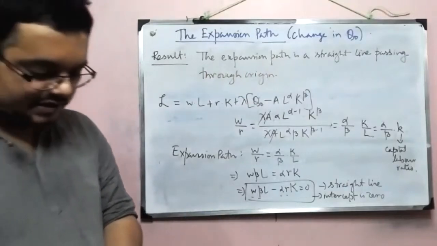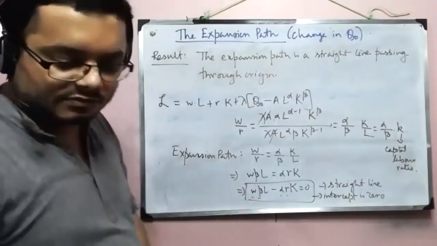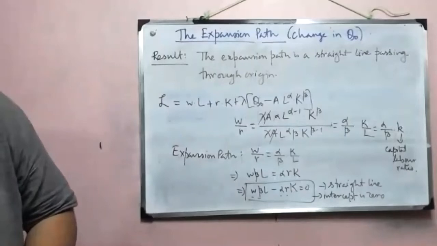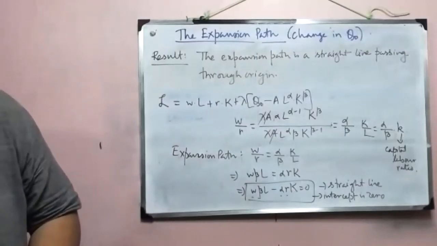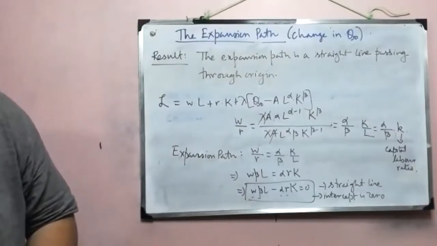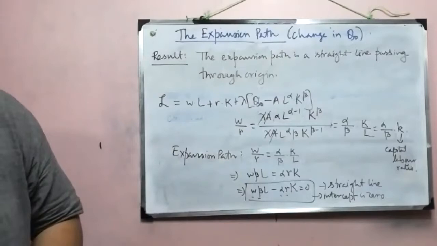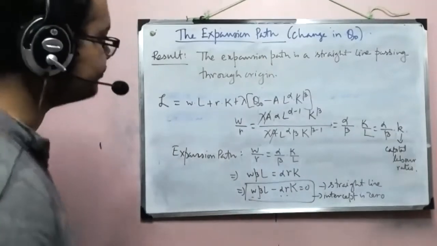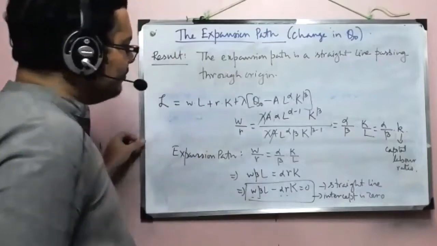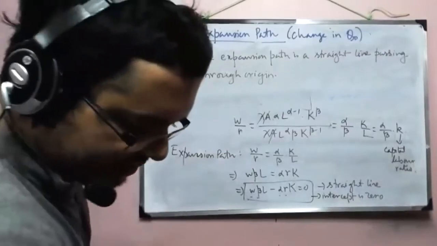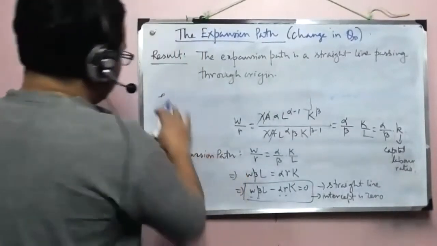What we missed is that we didn't mention that we worked for a Cobb-Douglas function. There is a reason for that. See, when we chose the Cobb-Douglas function, we didn't talk about the value of alpha plus beta.